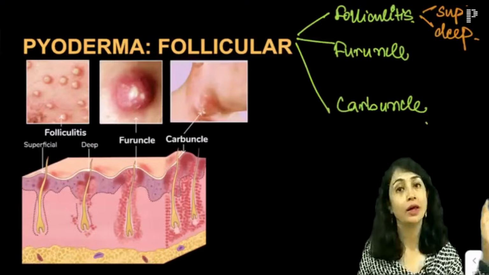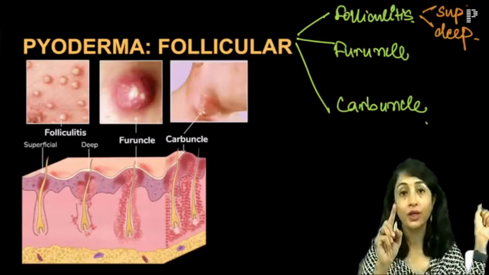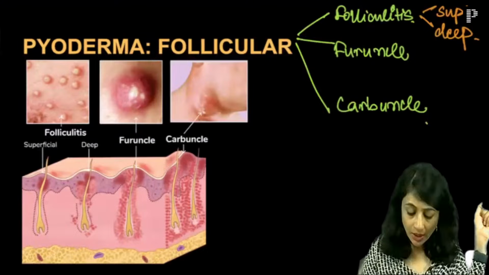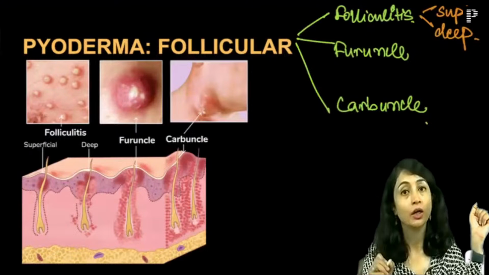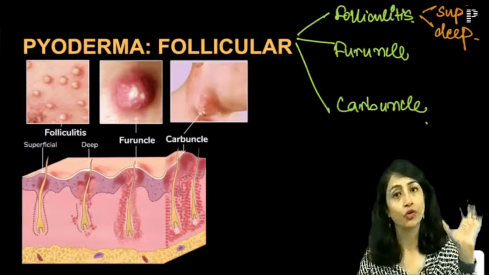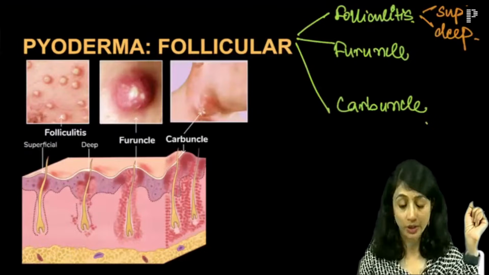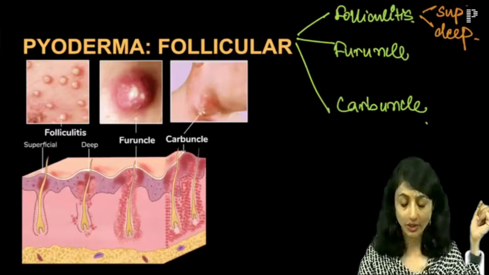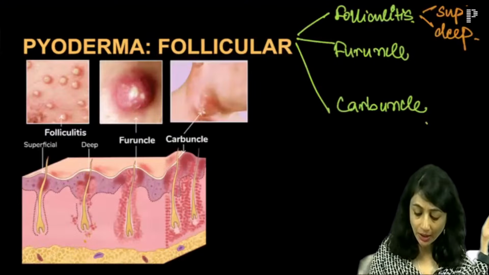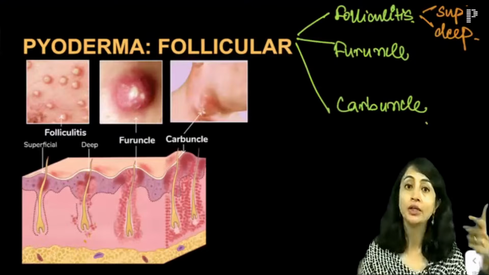See, this is my hair follicle. If my infection is limited to the hair follicle, I will call it folliculitis. If it is present in the superficial part of the hair follicle, I will call it superficial folliculitis. If my infection is extending deep into the follicle, I will call it deep folliculitis. Clear?